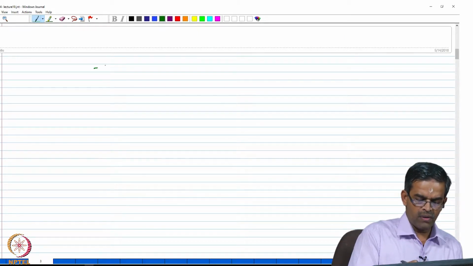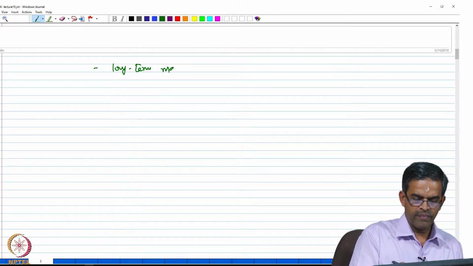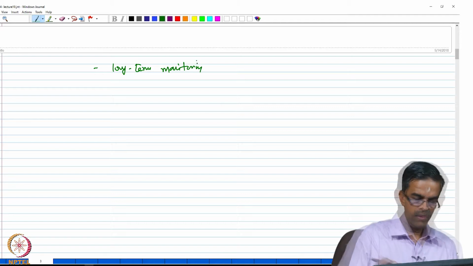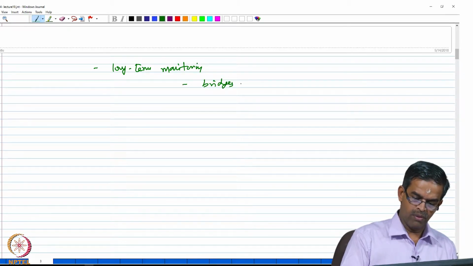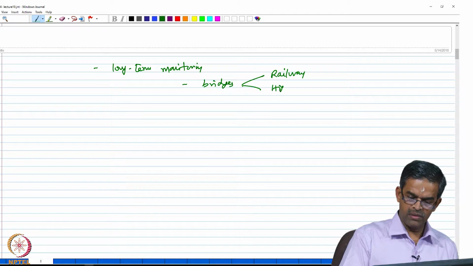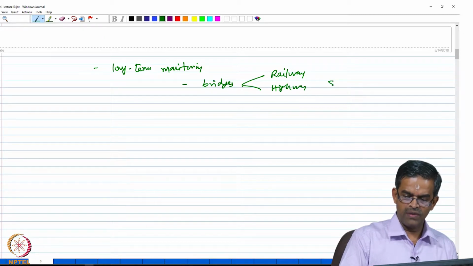Generally, people prefer long term monitoring in the case of, for example, bridges, both railway and highway, because this can assess the safety of the transport network.